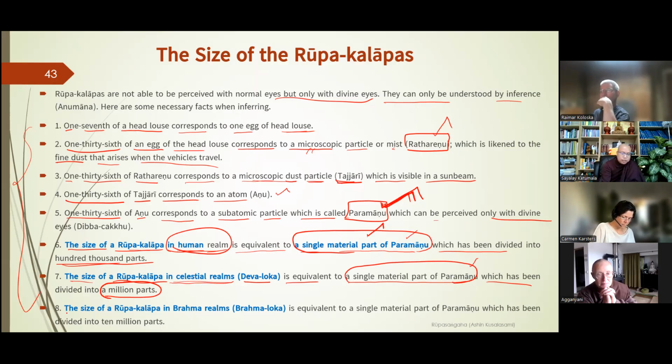Again, the size of a Rupa Kalapa in the Brahma realms, Brahma Loka, is equivalent to a single material part of the paramanu, which has been divided into 10 million parts. So you can imagine how subtle and extremely delicate the Rupa Kalapa is.